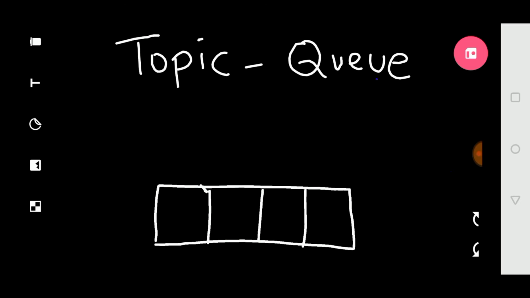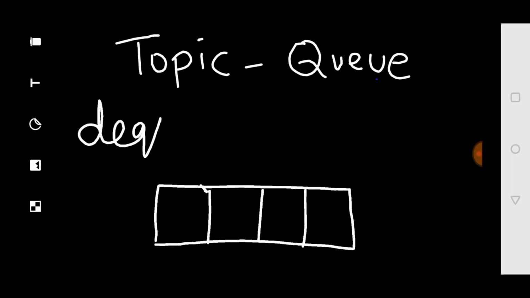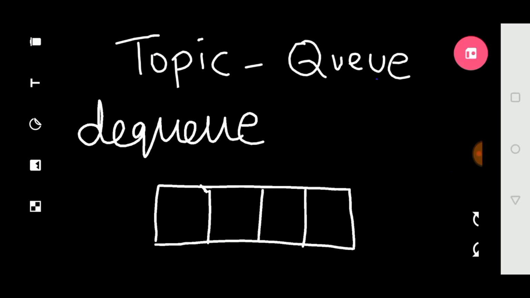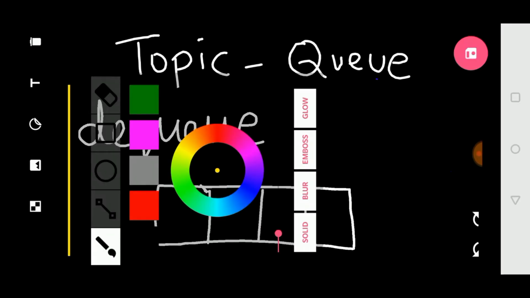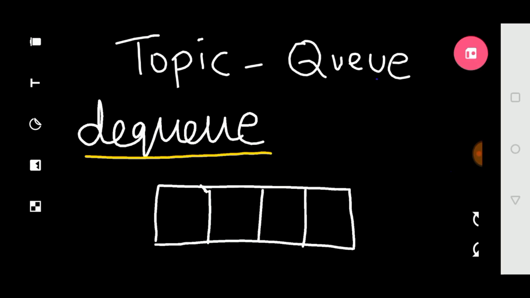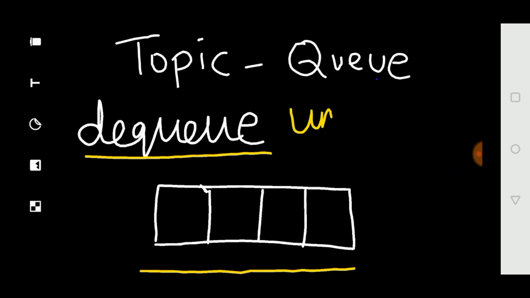Dequeue is the function that helps in removal of elements. So what this dequeue function will do, dequeue function does two things. First, as I said, it is used to remove the elements from a queue, which I showed how it does. And secondly, what dequeue does is that when the queue is like this, which I have mentioned below, when the queue is empty, it will cause something known as underflow error.